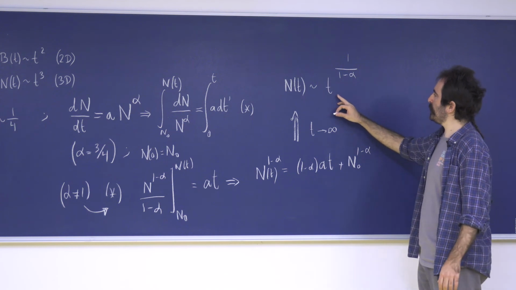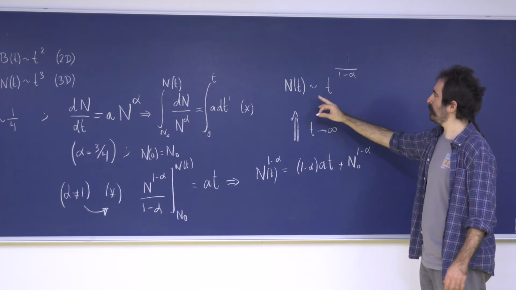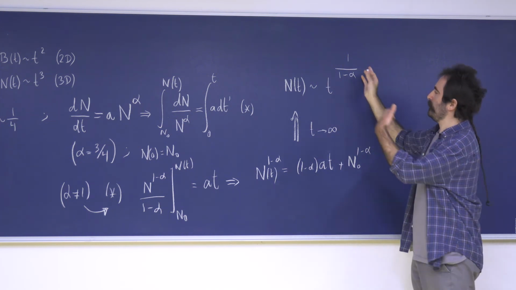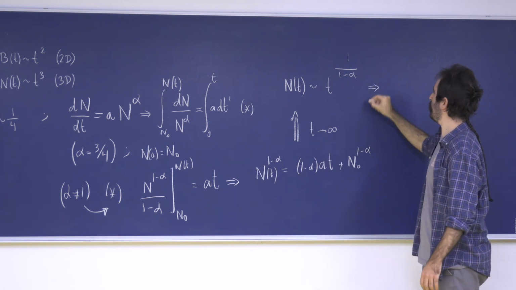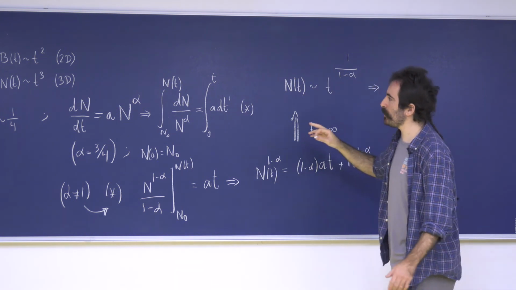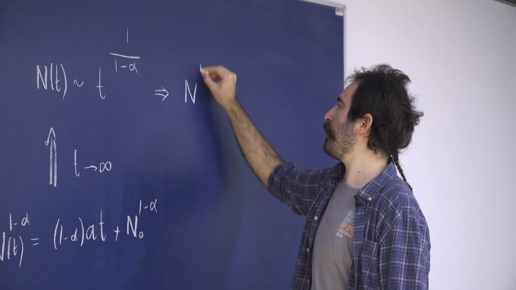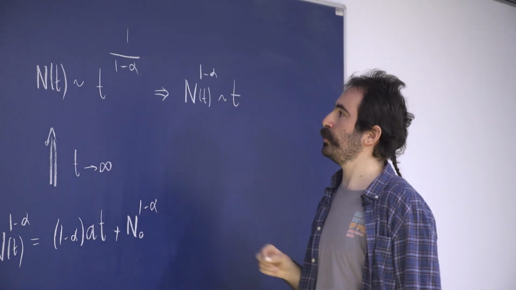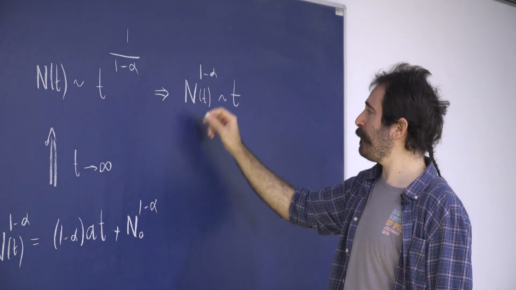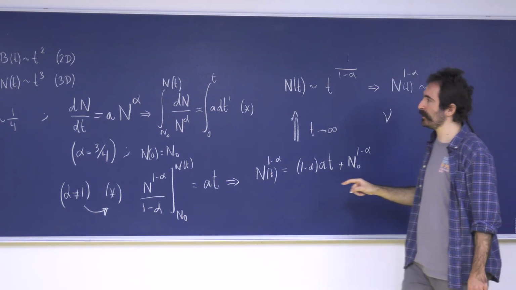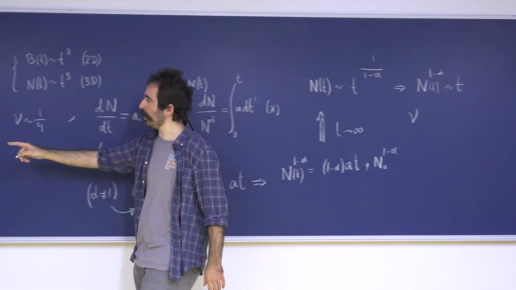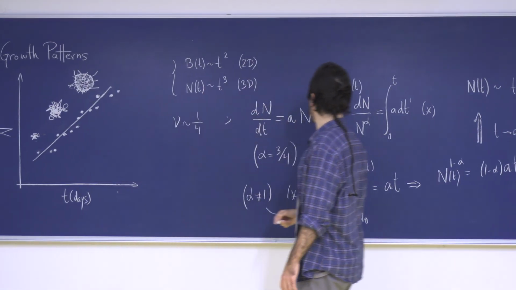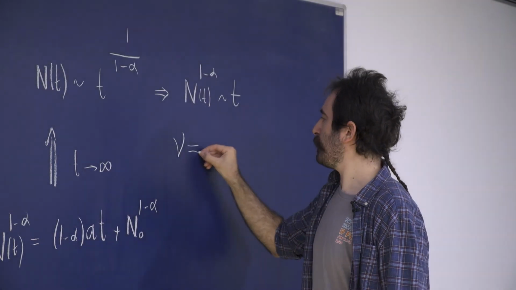So notice that if this is our relation, basically we could invert this again, and take n to the power of 1 minus alpha is proportional to t, and therefore our mu that we had right here on our data plot actually corresponds to 1 minus alpha.